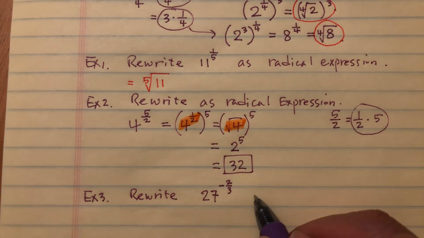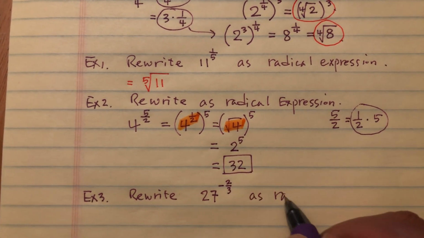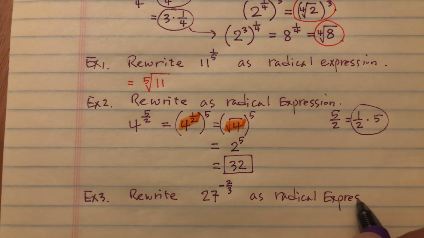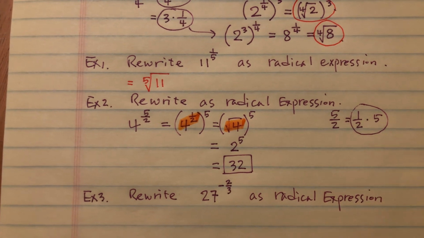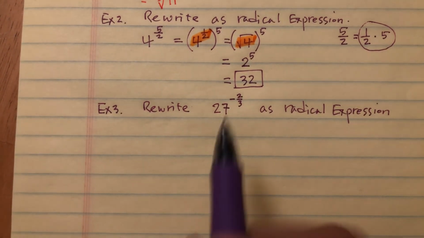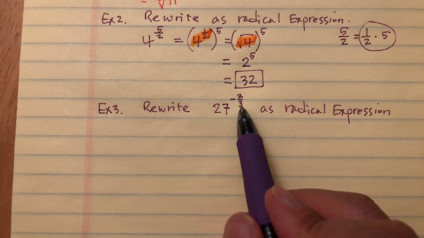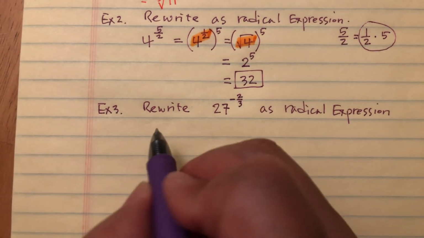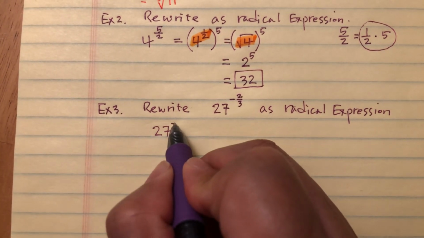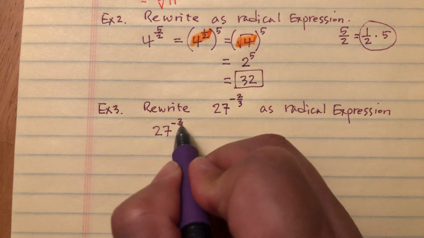Rewrite as a radical expression. Okay. So what is the negative exponent? Well, we know the negative exponent is what? You send it over, so 27 to the 2/3 power negative.